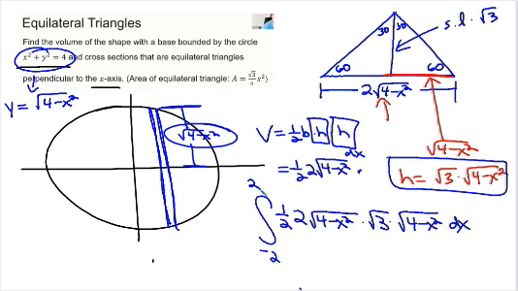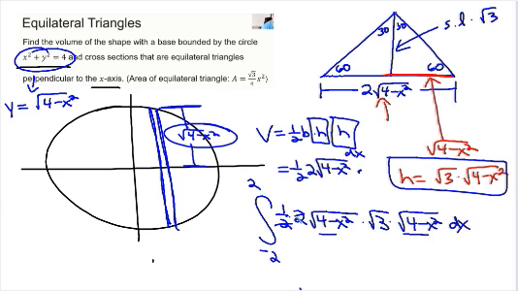A lot of times, one thing that's nice about these is they kind of clean up a little bit after you get them rolling. You can see that I have a square root times a square root, so that goes away. I've got a 1/2 times a 2 here, so those go away.